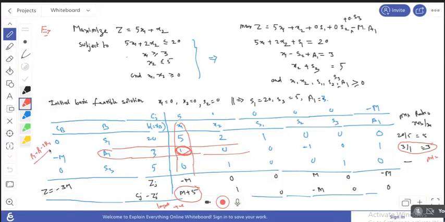So for that you make this 0. Okay, and this a1 is removed from the basis, and x1 will enter. So this leaves the solution, and here x1 enters into the solution, into the basis.